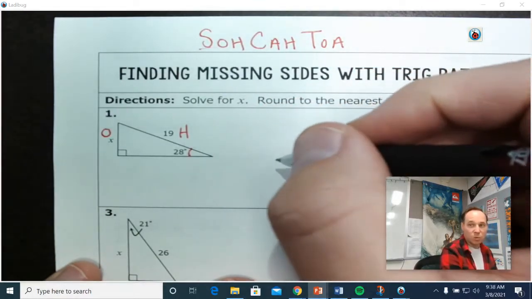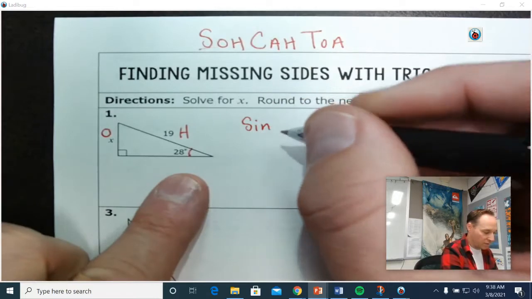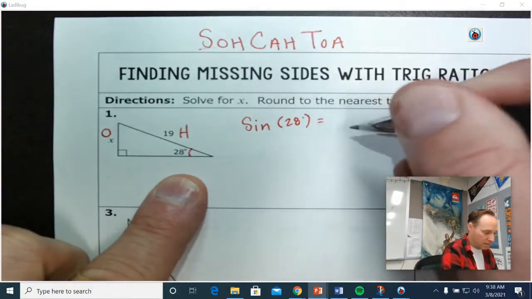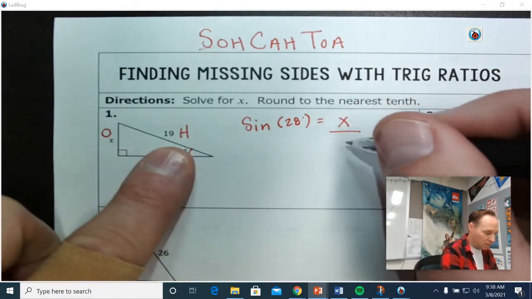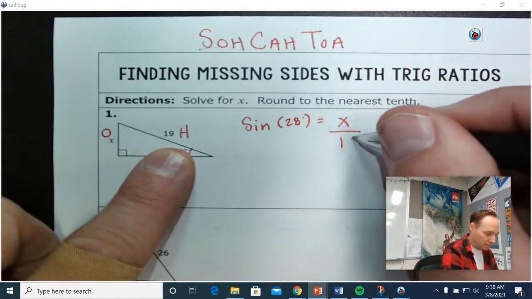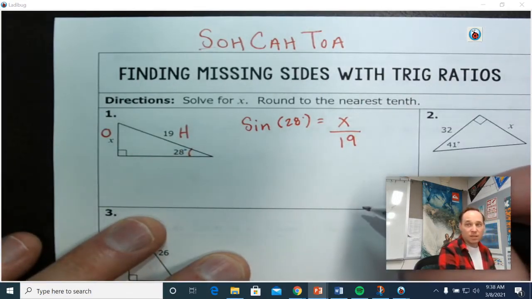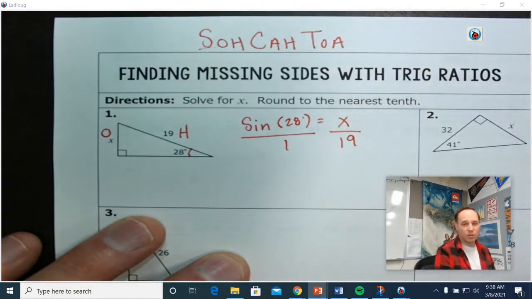So now we're going to write our proportion. We write it as the sine of our reference angle, which is 28 degrees, is equal to opposite, or x, over our hypotenuse, which is 19. Opposite over hypotenuse. Now we have our proportion.